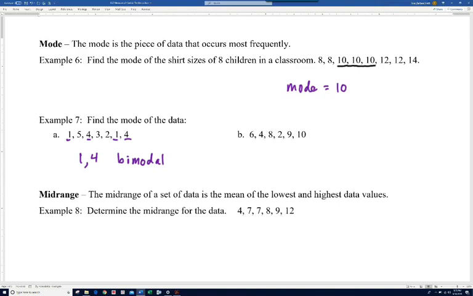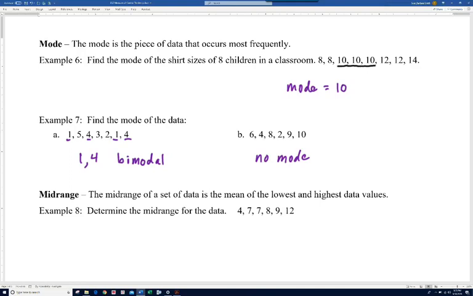But it is possible to have more than 2 that are repeating and are the most common. So if you look at B, there are no pieces of data that occur more than once, and so notice here there is no mode. So it is possible that you don't have a mode.